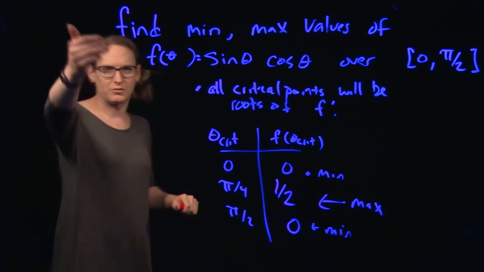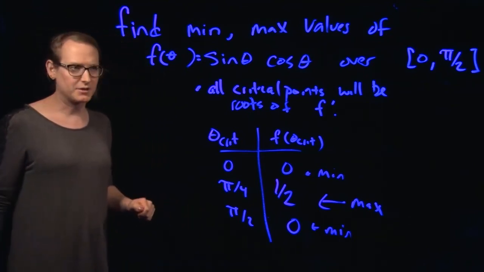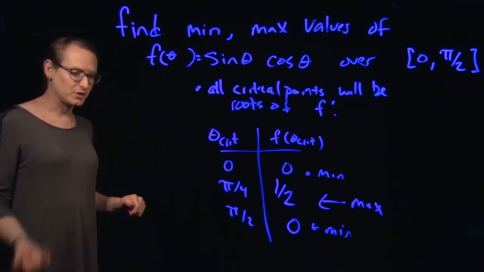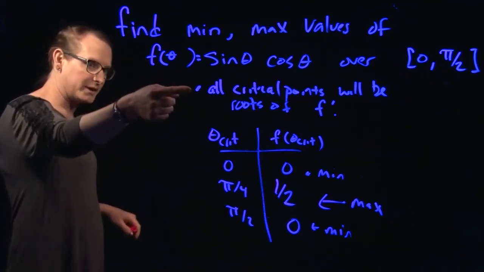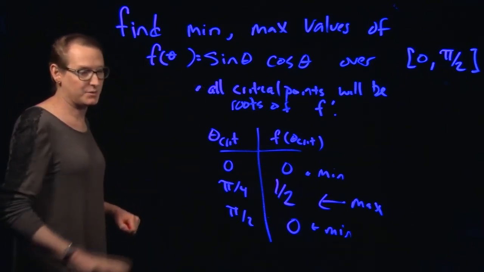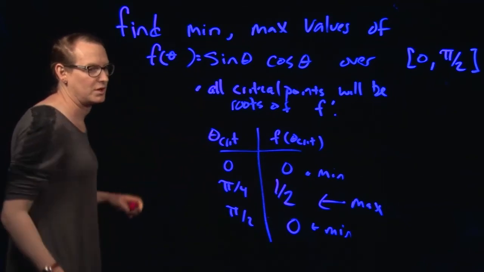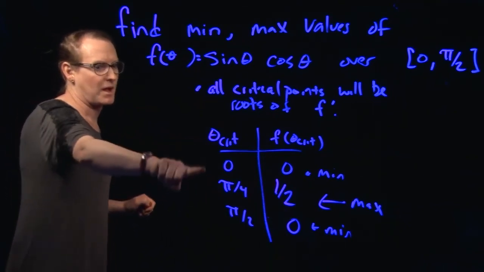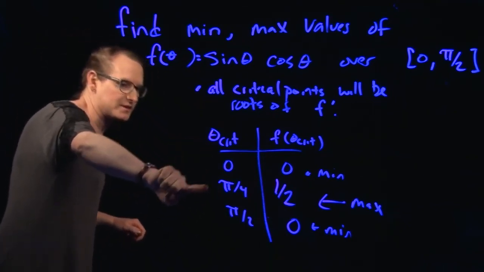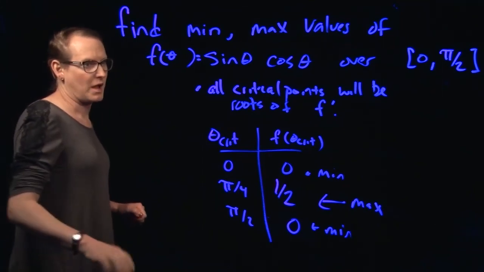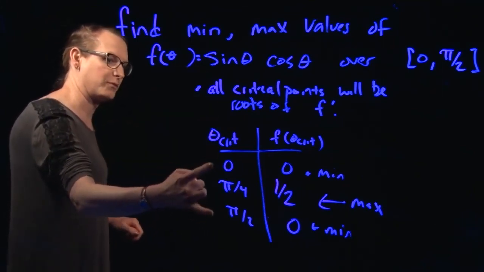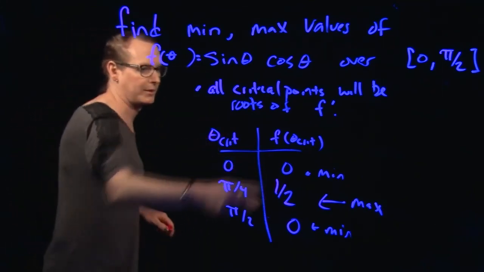So again, our question was to find the minimum and maximum values of some function over some interval. We found the critical points, which were roots of f prime in this case, because the function is a smooth differentiable function over this interval. I found the critical point. This is the only one, pi over 4. I plugged it into the function along with the two endpoints, and we find this.